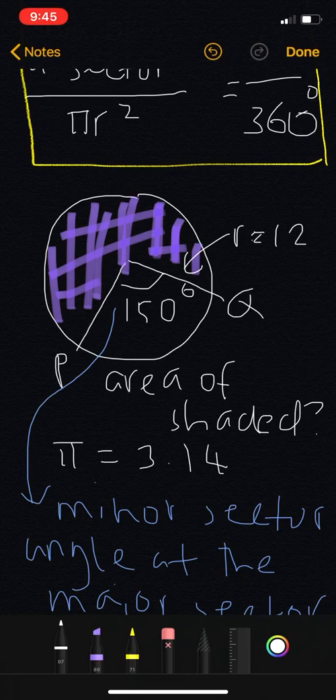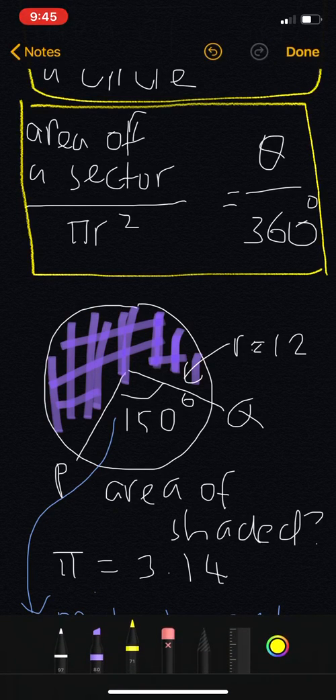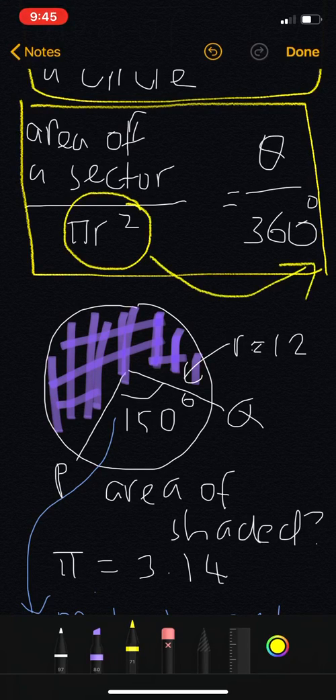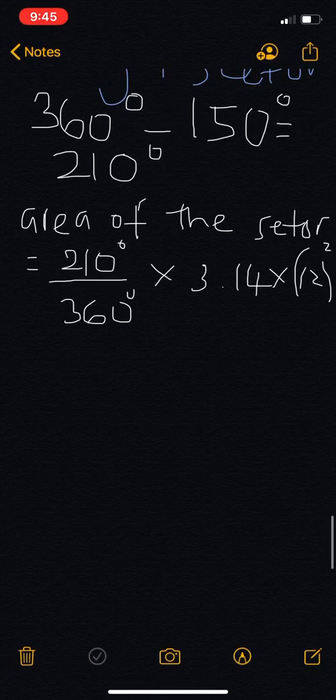Why is it that I take 210 divided by 360 and times pi r squared? Because when it crosses the equal sign, everything that was divide will become times. So that's why my formula here, area of the sector equals 210 divided by 360 times 3.14 times 12 to the power of 2.